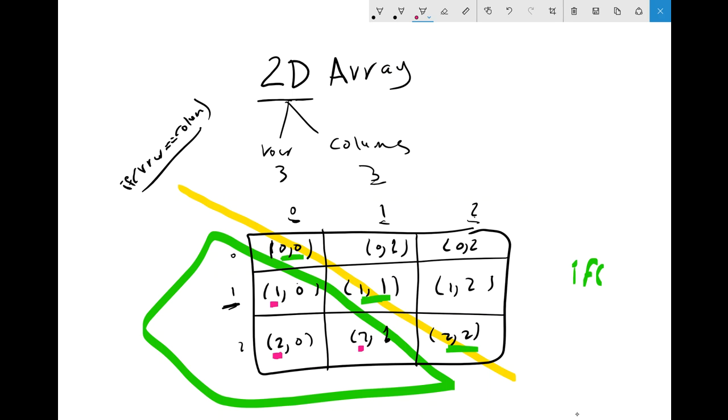So always the value of the row is greater than the value of the column. So I could print this data by saying if row greater than column. It's a basic way to analyze the problem and solve it.